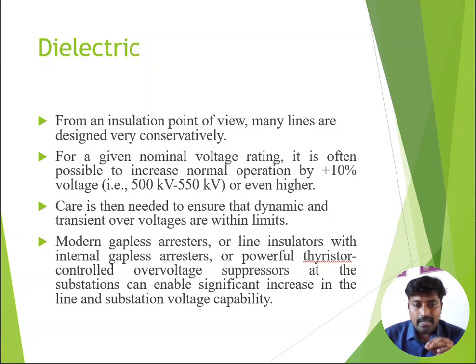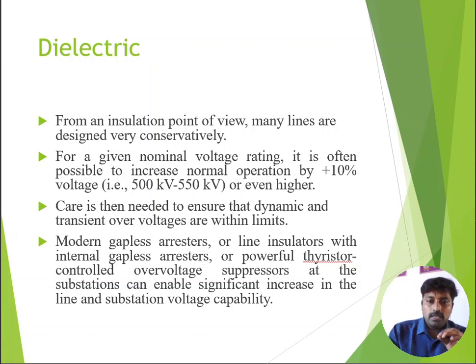That's why care is needed to ensure that the dynamic and transient power voltages are within the limits. Modern gapless arresters, or line insulators with internal gapless arresters, and powerful thyristor controlled overvoltage suppressors at the substation can enable a significant increase in the line and substation voltage capability.